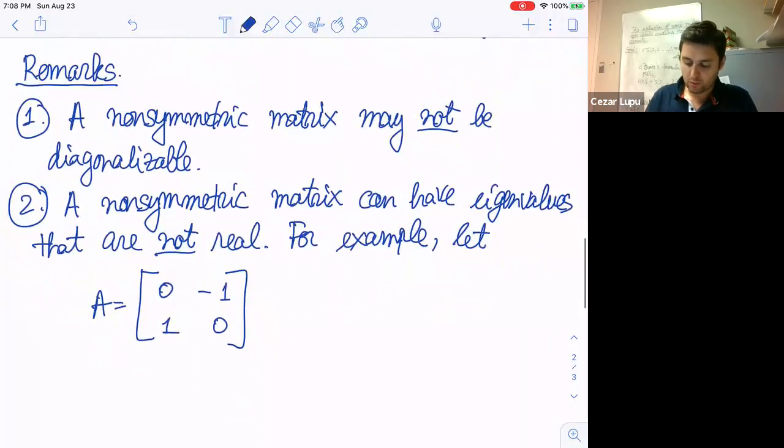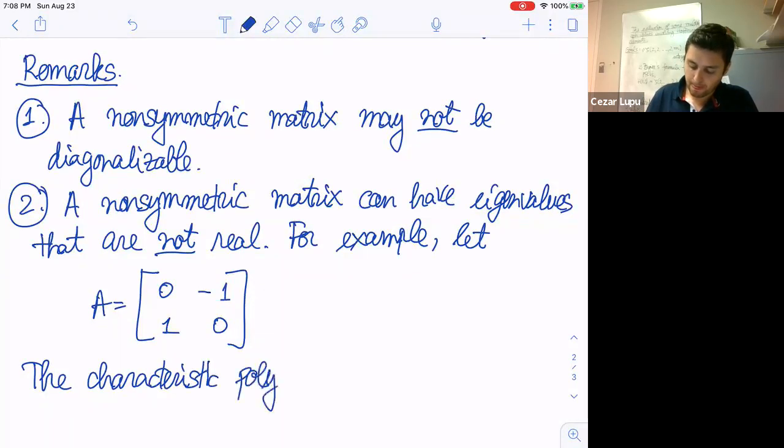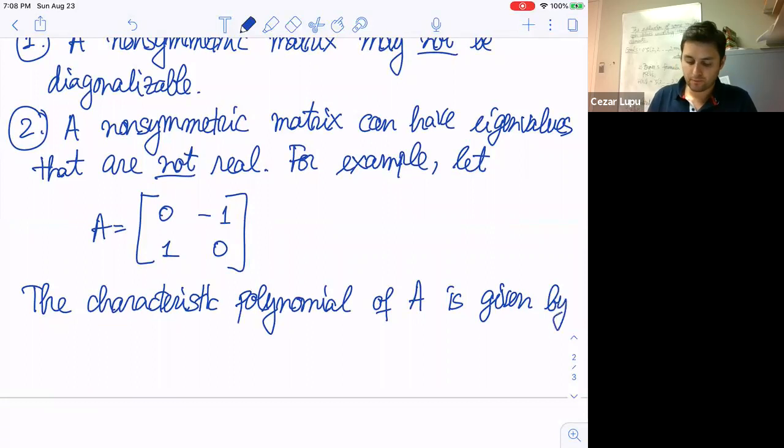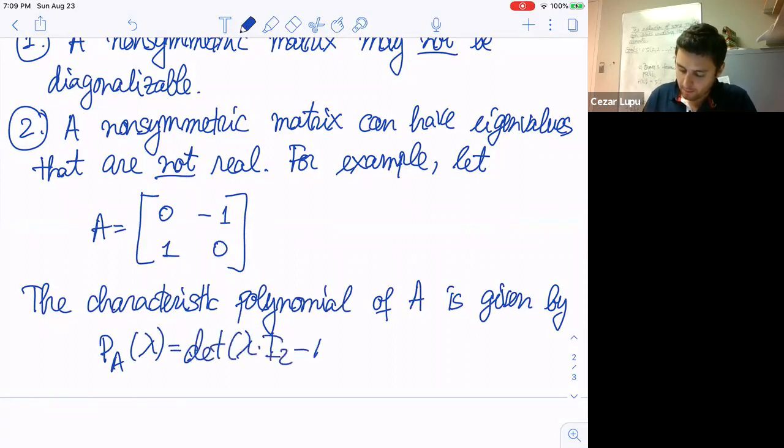When we compute the characteristic polynomial of A, p_A of lambda, this is the determinant of lambda times the identity minus A, and if you compute it, it is lambda squared plus 1.